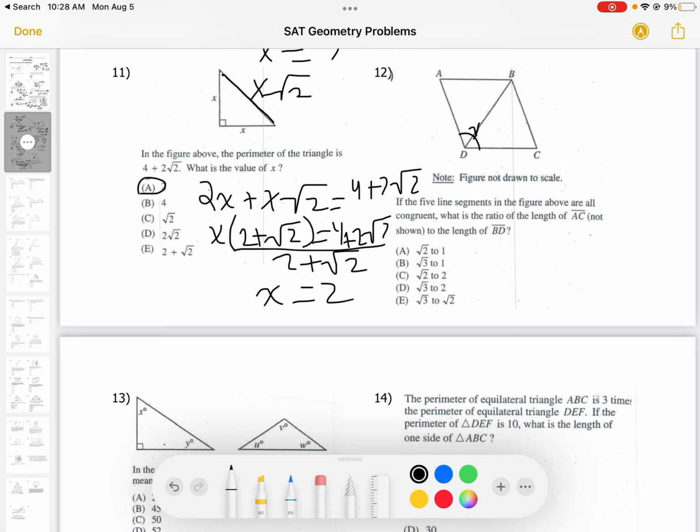So if this angle is x, that angle is 180 minus x. Actually, let's label it the other way around. First, we want to find this angle. And then we want to find this angle, which is 180 minus x. Alright, so if we label all these sides y, that's what we're told anyway. BD is also y.